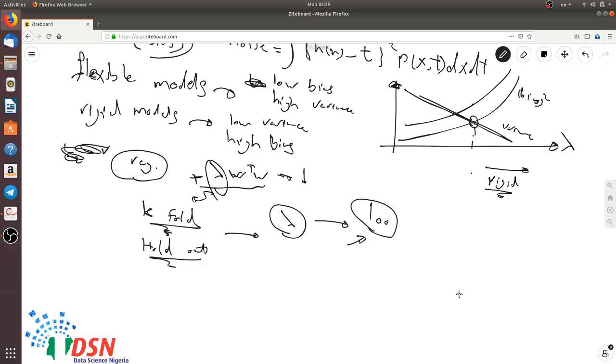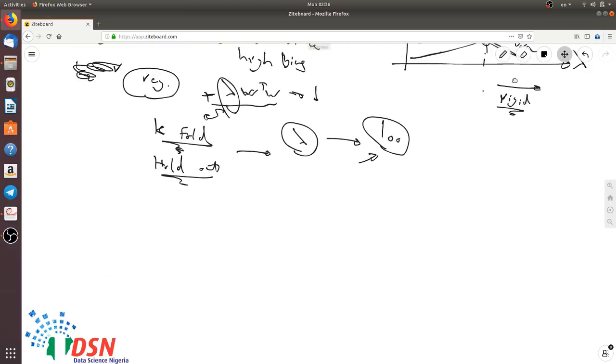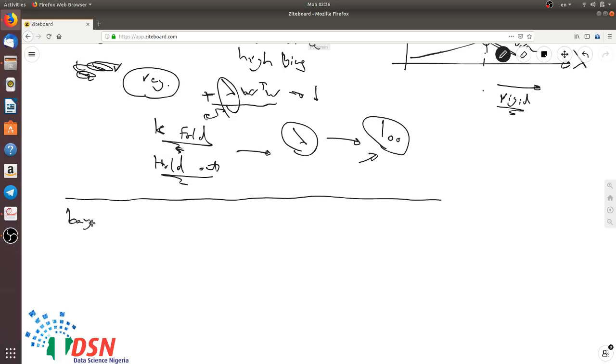For solving this problem, it is really good to have a way or approach to determining the lambda automatically. This is actually the Bayesian approach.